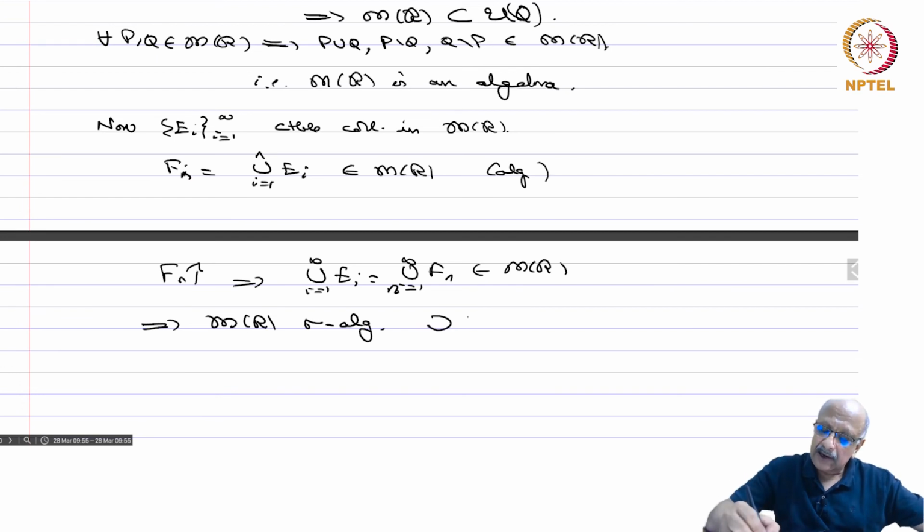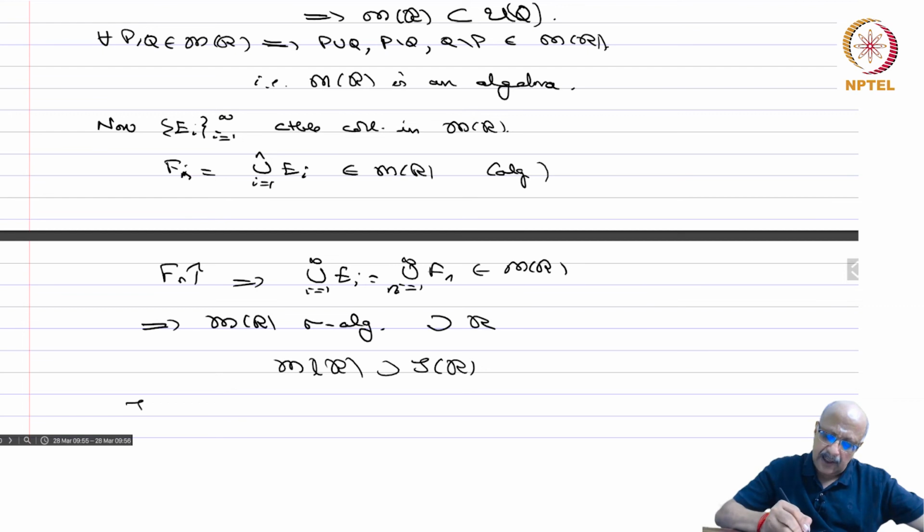Okay, and it contains R, and therefore M of R contains S of R. On the other hand, S of R is a sigma algebra, so it is a monotone class.